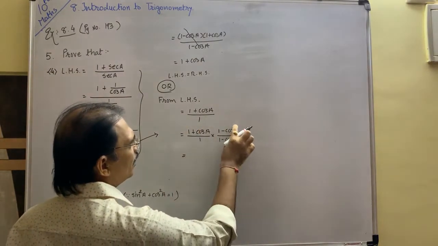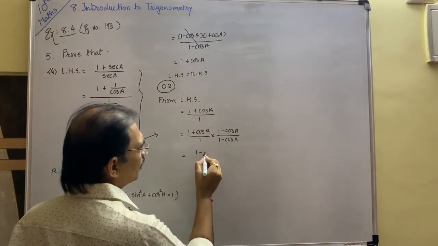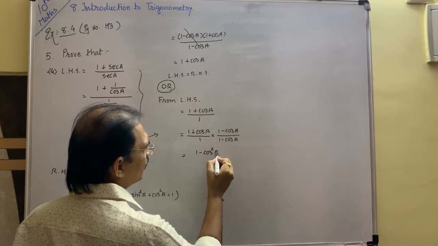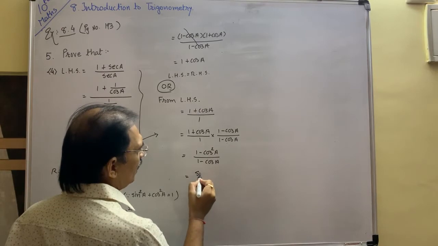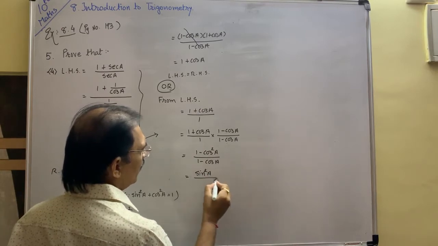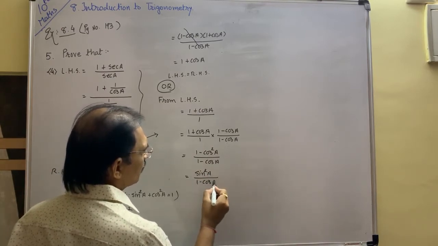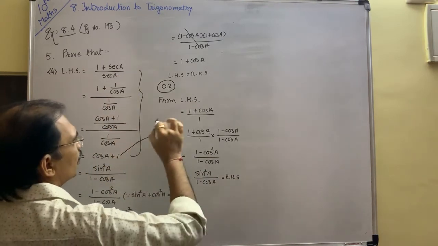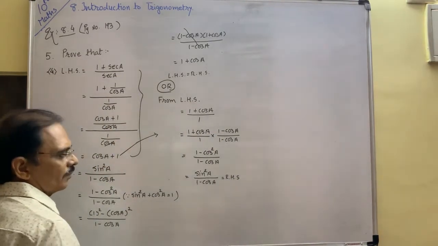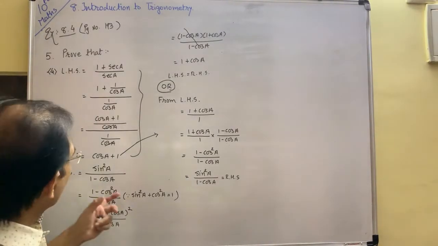A plus B into A minus B, that is A square means 1 square minus B square means cos square upon 1 minus cos A. 1 minus cos square is what? Sin square A upon 1 minus cos A. In this way you can bring your RHS directly from LHS. Okay? So whatever you like.